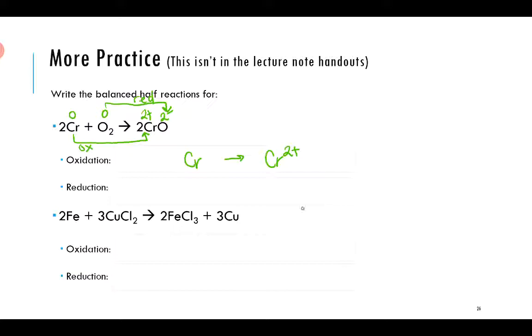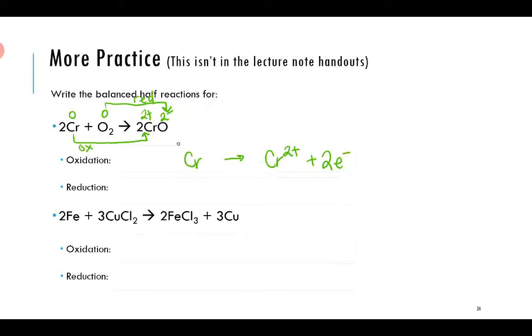Okay, let's think about where our electrons need to be. This is oxidation, and so our electrons should be on the product side of the equation. We can look at the charge. It goes from a 0 charge to a 2 plus charge, and so that's going to need to lose 2 electrons.